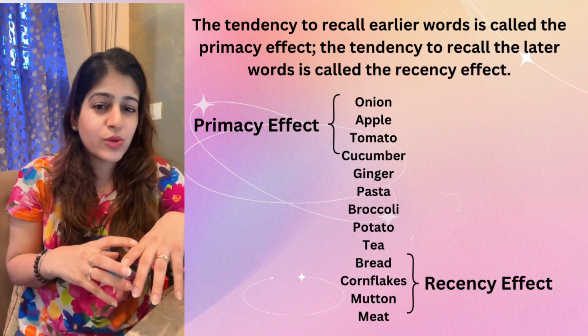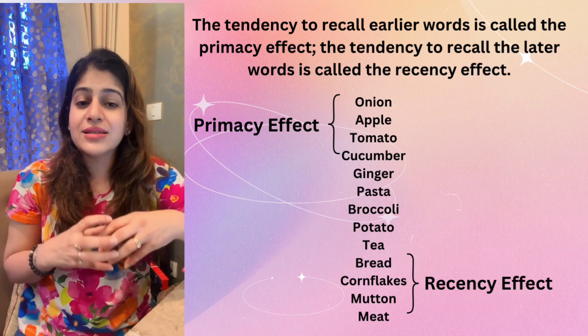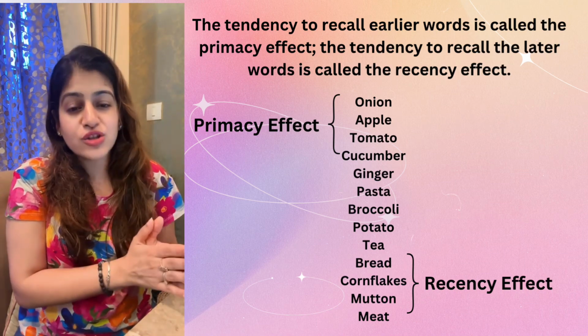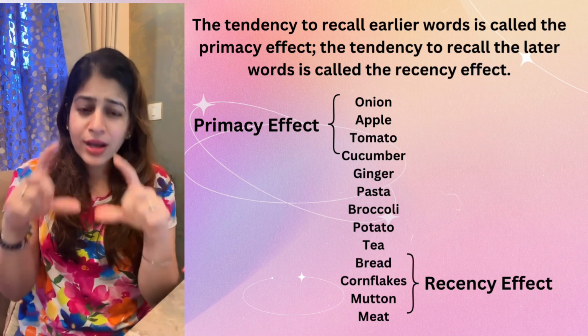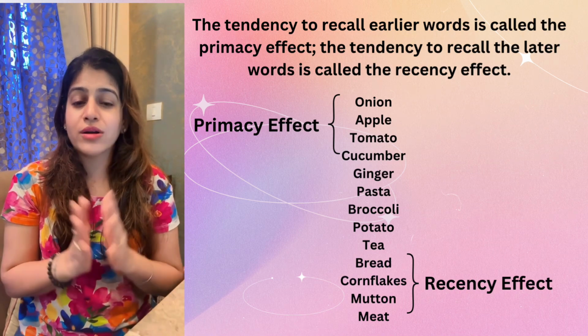If you remember these things well enough, then it is the recency effect. Whatever you remember from the last part of the information, that is called the recency effect. Now in between, whatever it was, we are less likely to remember that. So this is called the serial position effect.